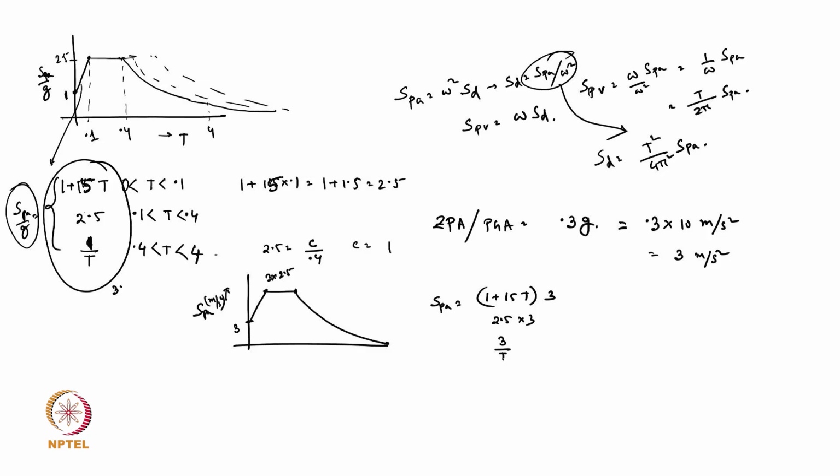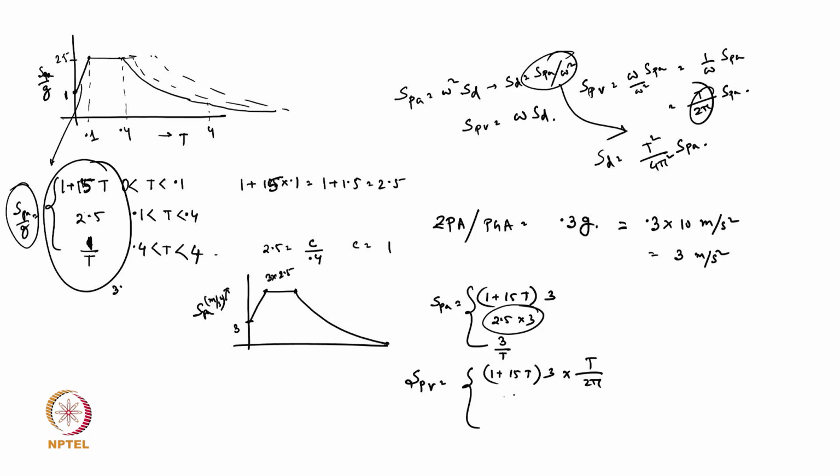Okay, these are the 3 values. So what will be my SPV? My SPV will be 1 plus 15t into 3 into t by 2 pi. That full thing will be multiplied by t by 2 pi.